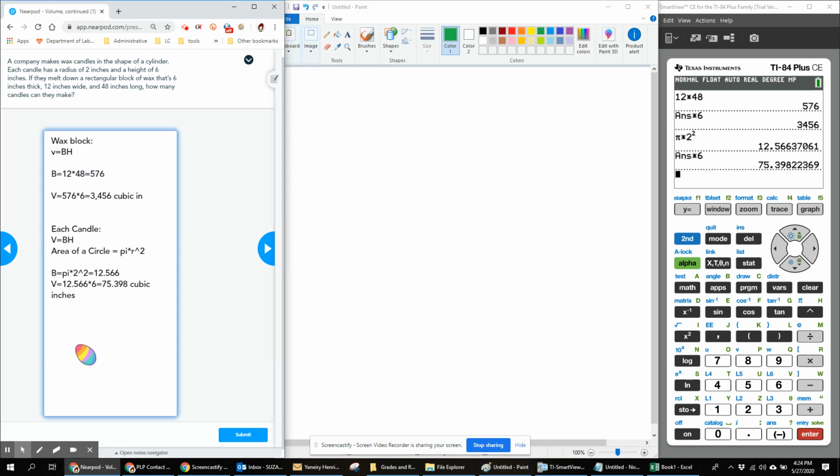So now we want to find how many candles we can make. We have this much wax, and this is how much wax per candle. So you're just going to do division.